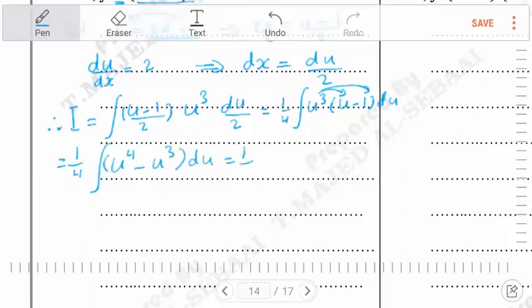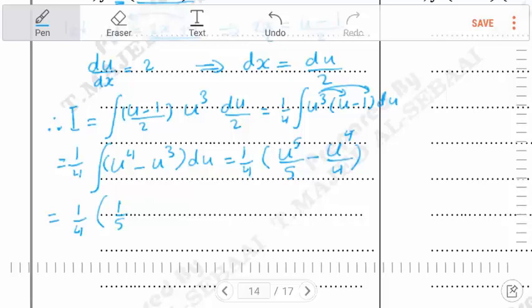Equal 1 over 4. What is the integration of u to the 4? It is u to the 5 over 5 minus u to the 4 over 4. Okay? Equal. Now substitute u again. It is 1 over 4, big bracket, 1 over 5.